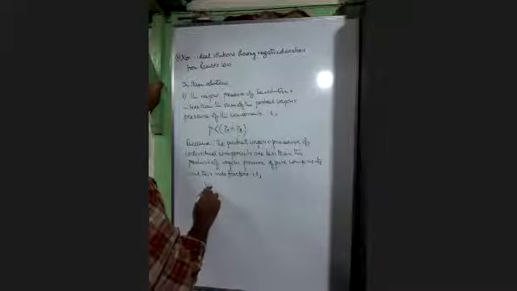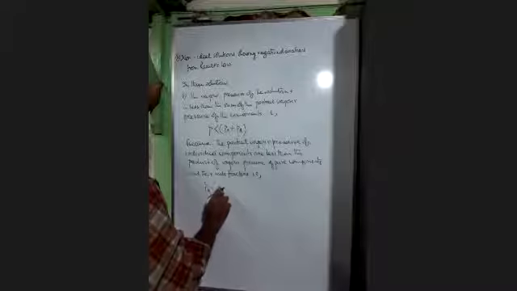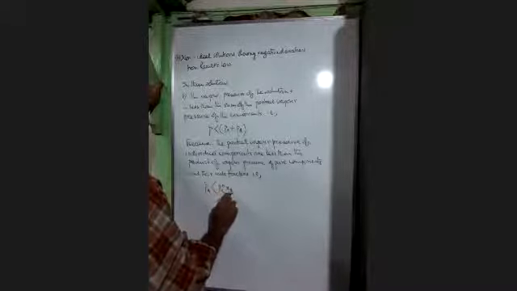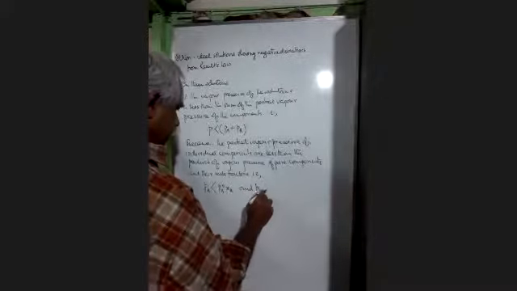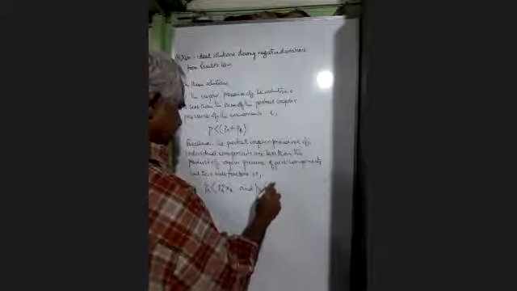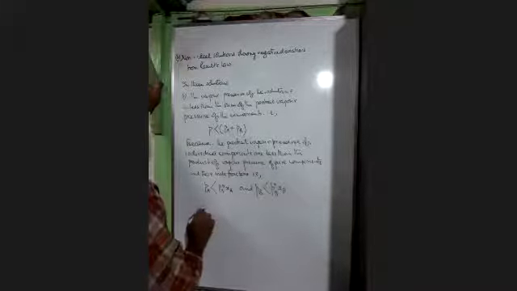That is, P_A is less than P_A⁰ x_A and P_B is less than P_B⁰ x_B. Therefore, P is less than P_A⁰ x_A plus P_B⁰ x_B.